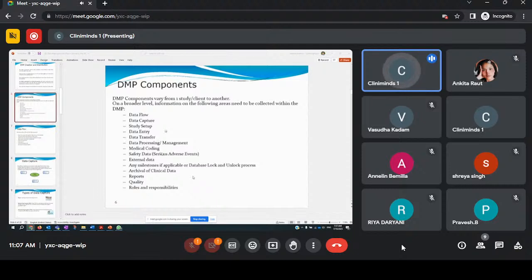Then you will also have the type of milestones. Milestone means a major deliverable, like go live is one milestone, when you have completed your setup activities and your database is in production, right? That's one milestone. Similarly, you will have interim analysis, right?